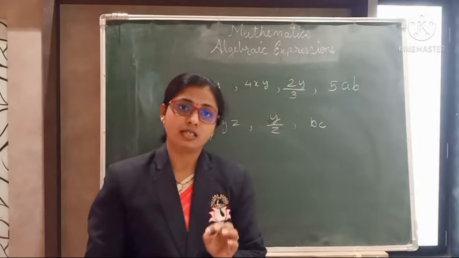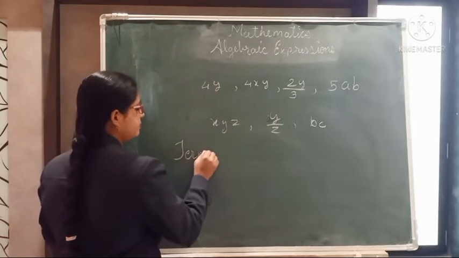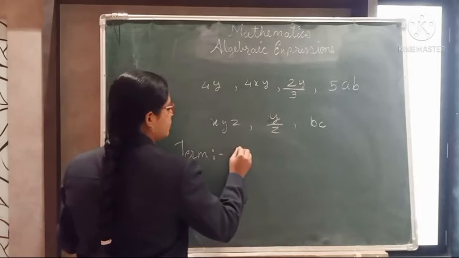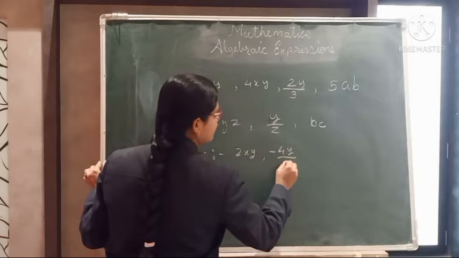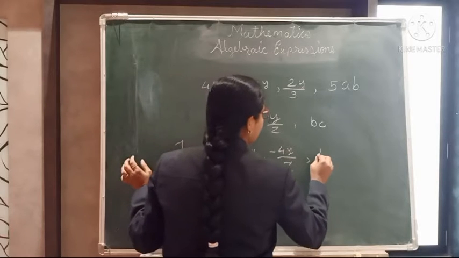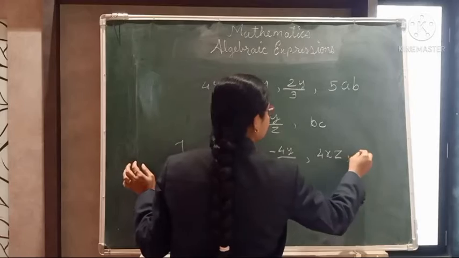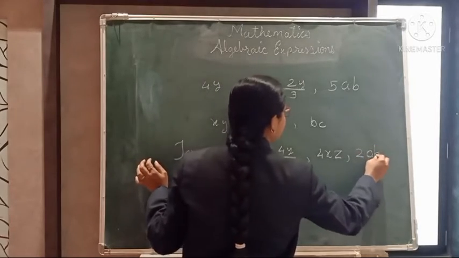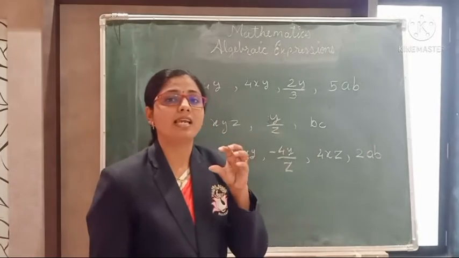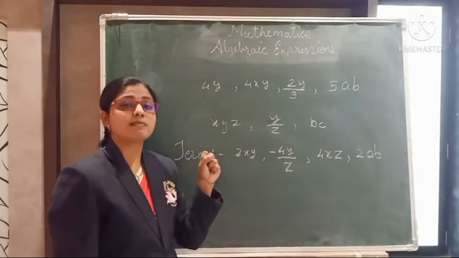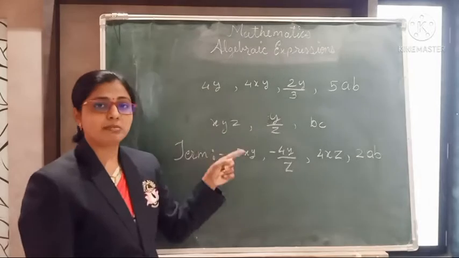For example, 2xy, negative 4y upon z, 4xz, 2ab. All these are known as one term. They are just specifying the term over here. So always remember this point.